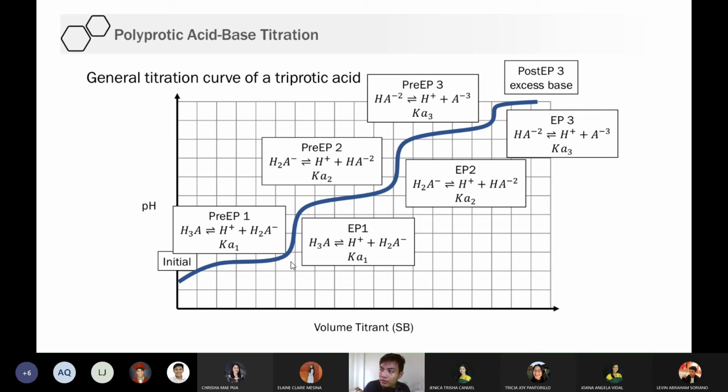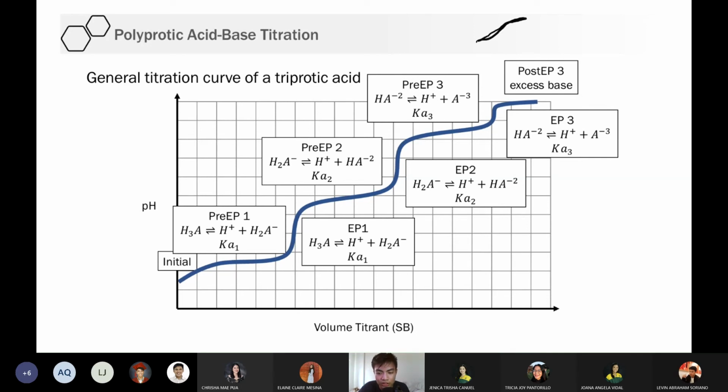Also, mapapansin nyo rin, the smaller the Ka, the shorter the inflection point. Ito mukhang same lang na pero hindi talaga yan in reality. So this one will be longer than this and this one will be significantly shorter than the others. Minsan nga itong last endpoint di mo na makikita.